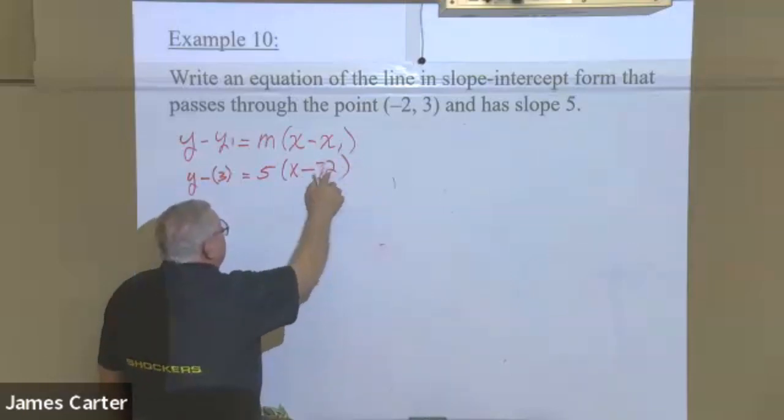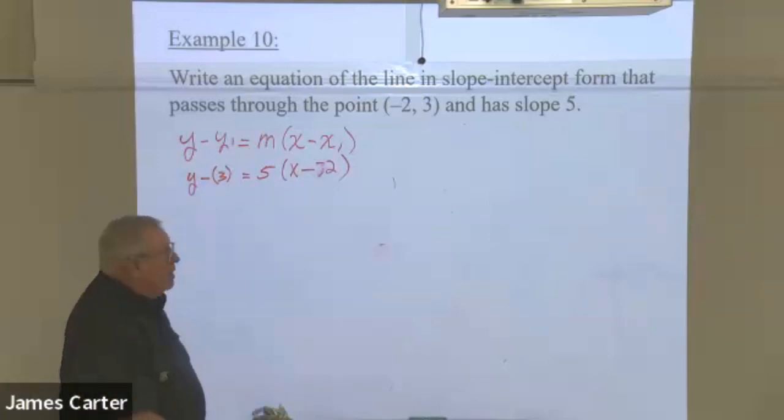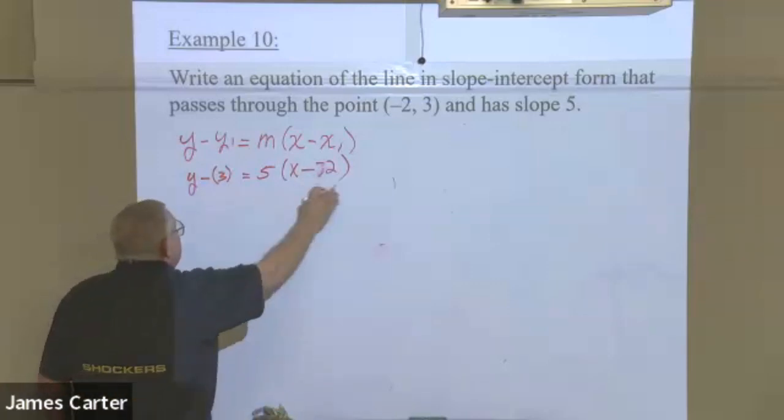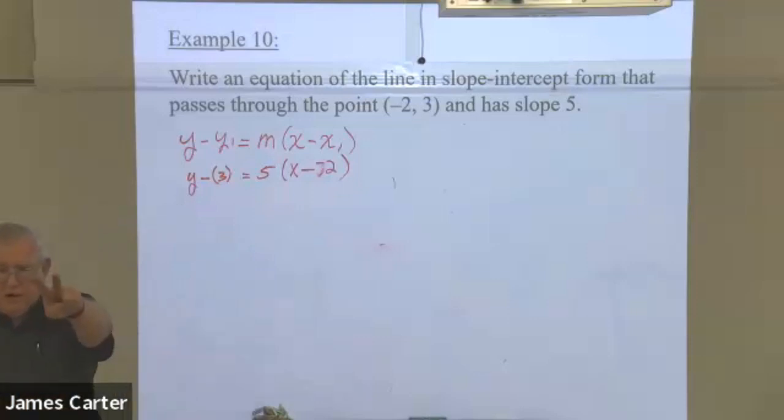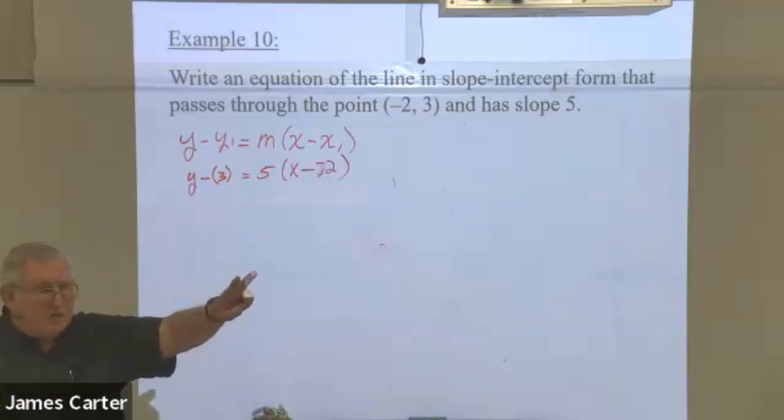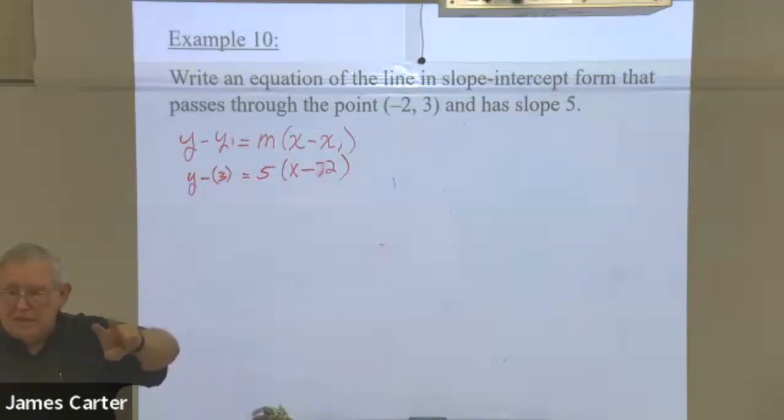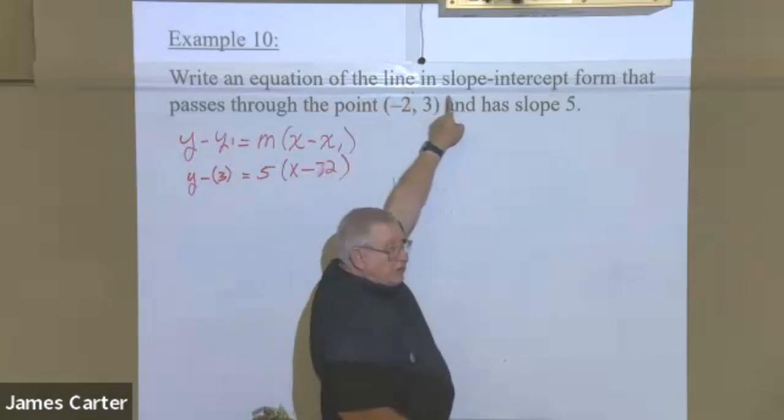Do I need to put that in parentheses for you, or are you okay? Now, you get this far, you got 2 points, even if you mess up after that. Because that shows me that you understood the basic function of write the equation of the line.